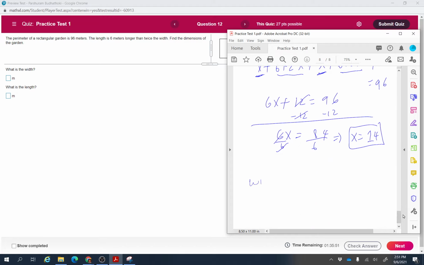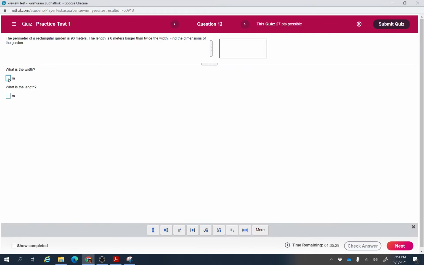So width is 14 meters, and length is 6 more than 2 times the width, which is 14, so 34 meters. Width is 14.